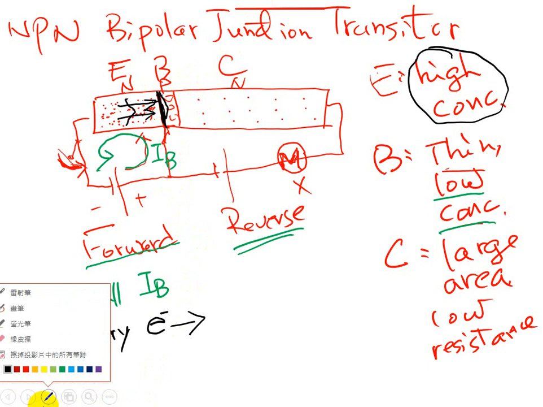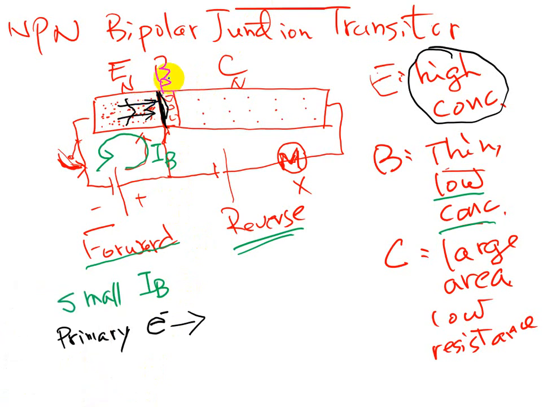And of all these electrons moving toward the right-hand side, only a little bit of electrons recombine with the low concentration of holes here, so it creates only a small IB. Now most of the primary charge carriers coming from here cross the interface going to the collector side.